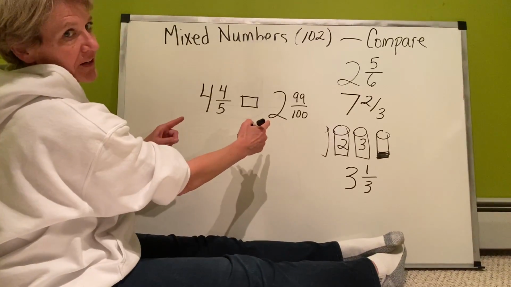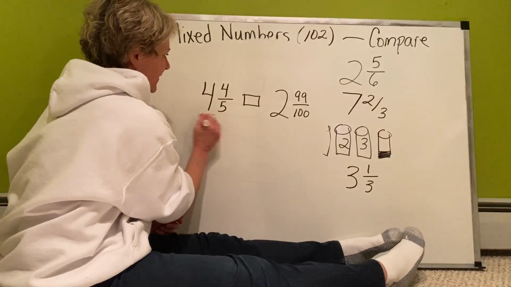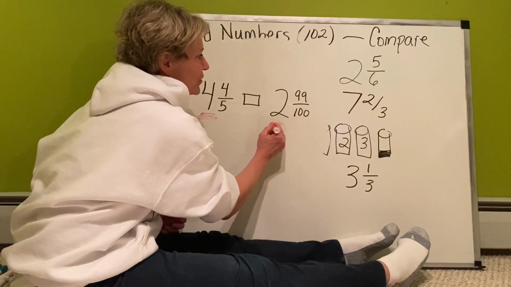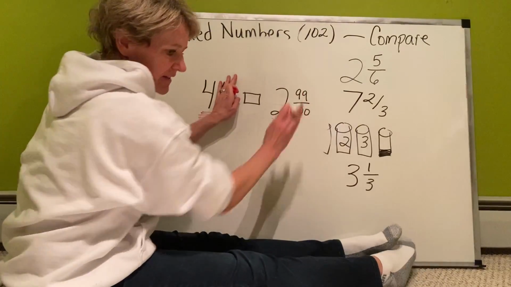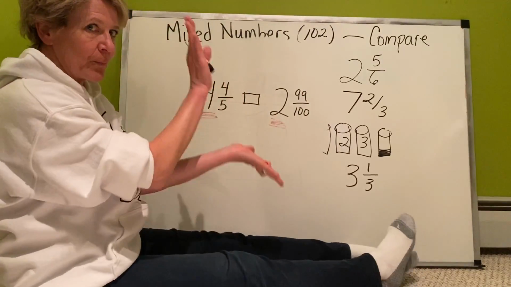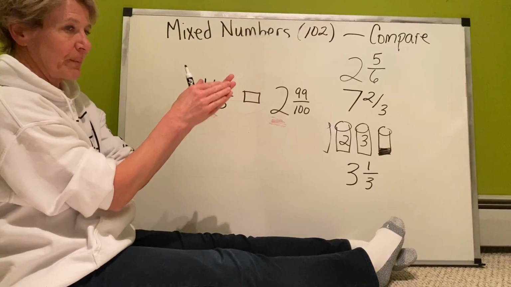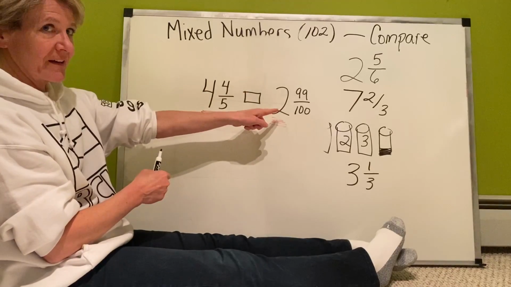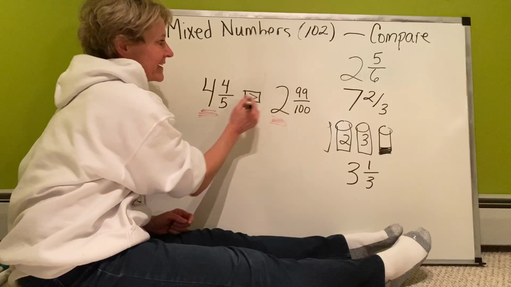Which one is bigger? I'm going to switch colors here. Remember, you just compare the main star. Which way are you going to open the greater than less than sign? Who picks this side? I hope you picked this side.